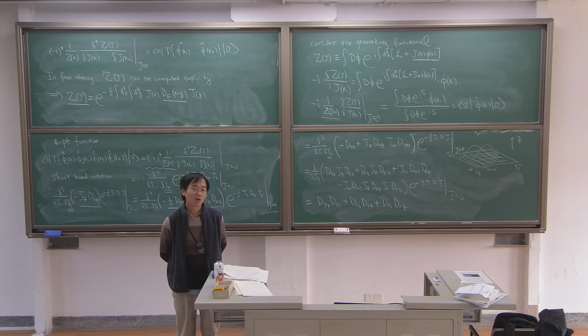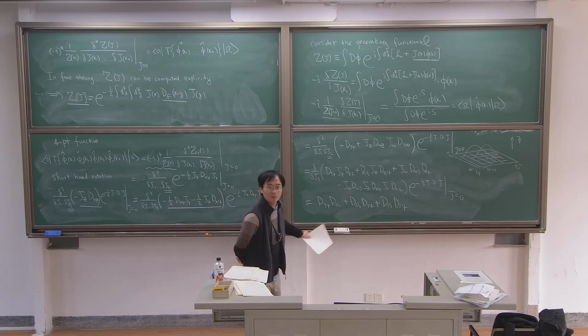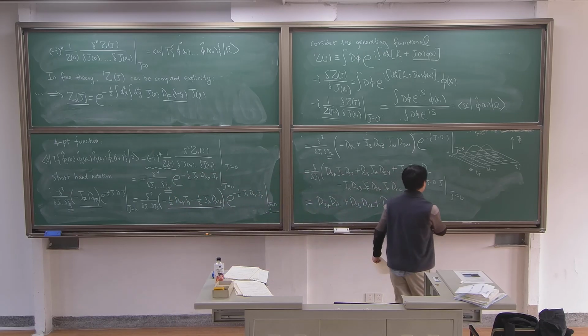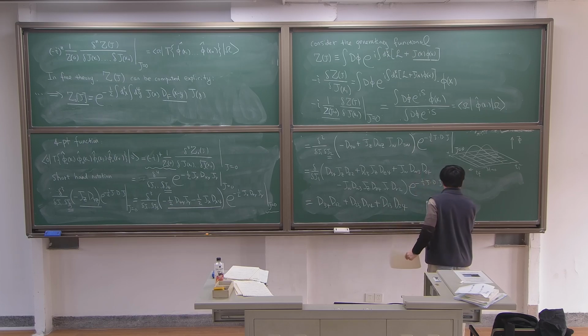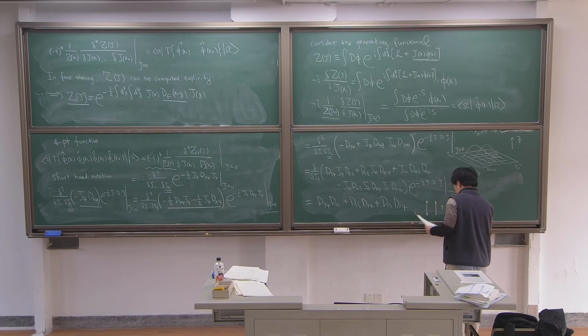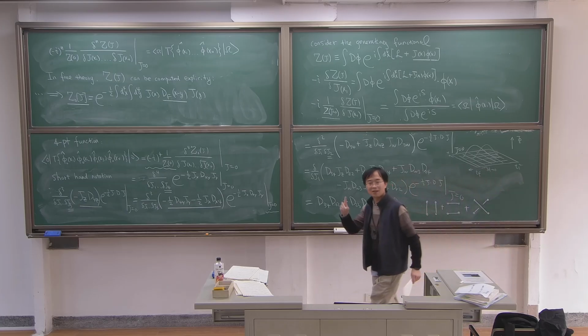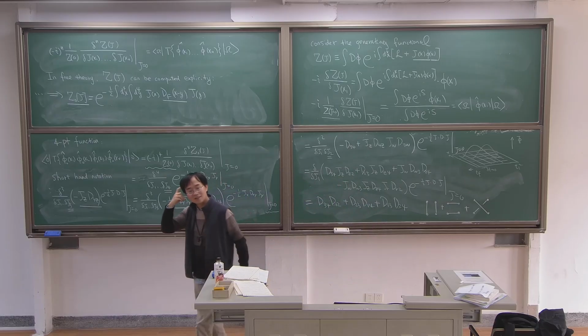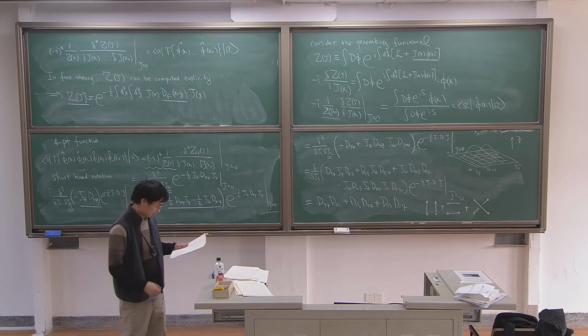So we successfully reproduced the previous result for the 4-point function, because this is nothing but the different contractions for these 4-point functions. These are the 3 terms. For the 4-point, these are the 3 terms.